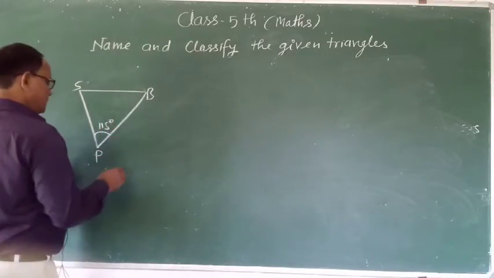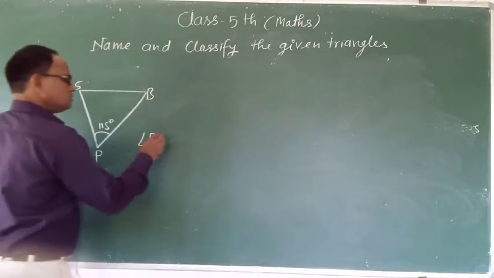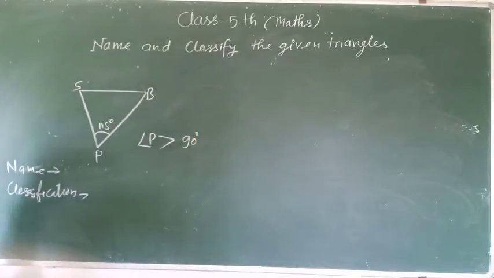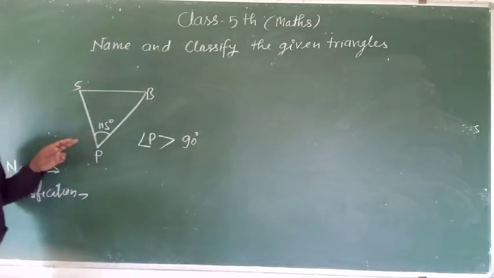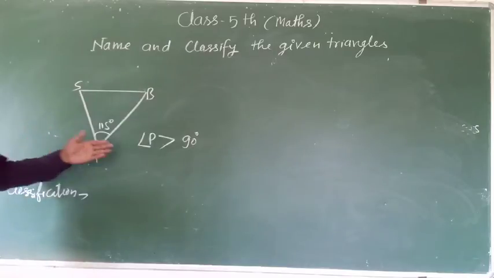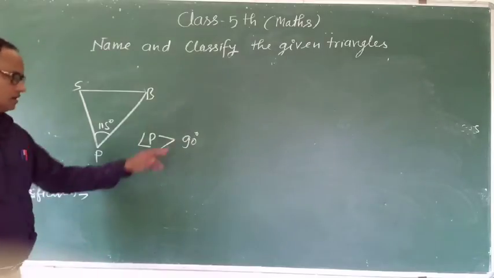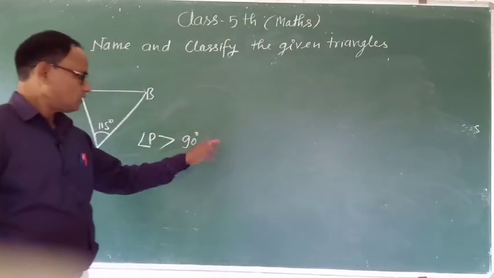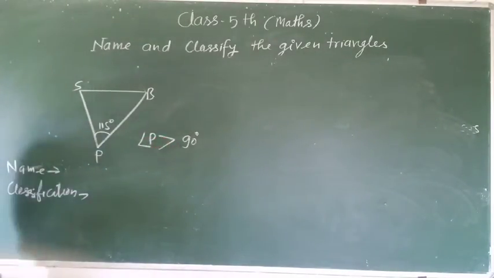Here angle P is greater than 90° and less than 180°. So the triangle in which an angle is greater than 90° and less than 180° is known as an obtuse triangle.